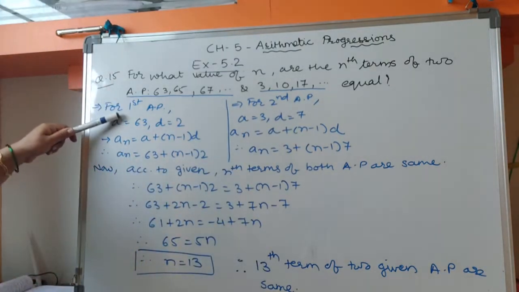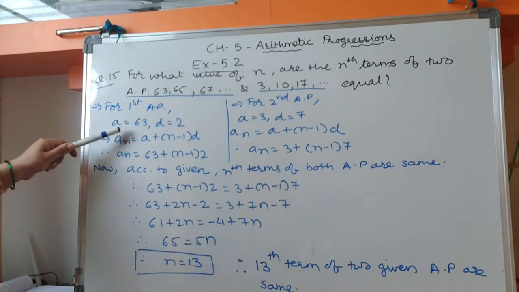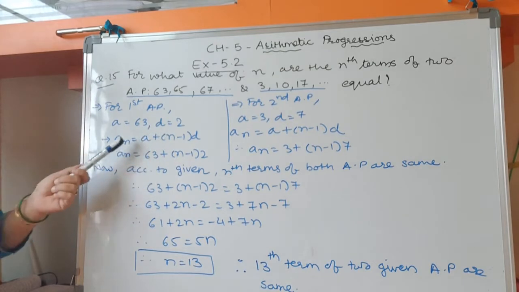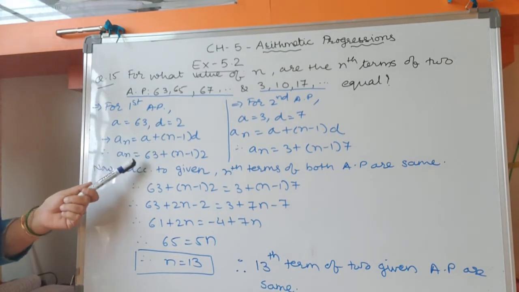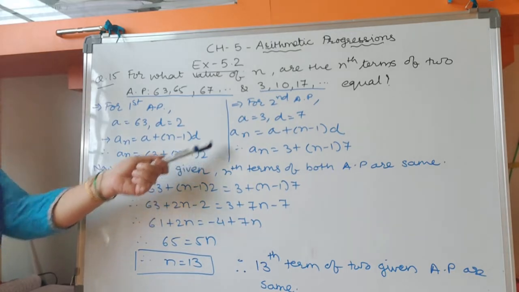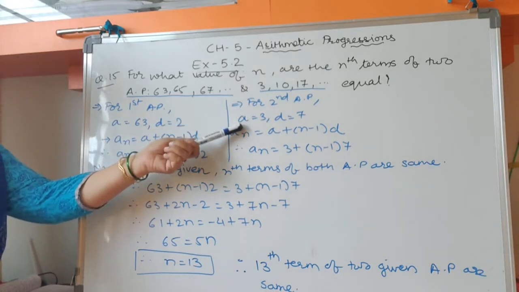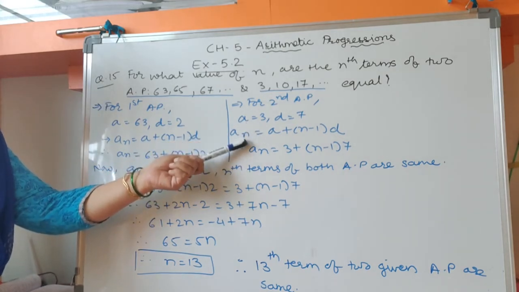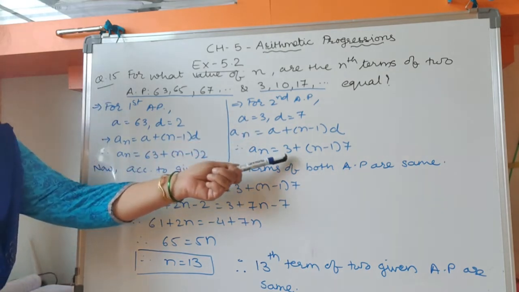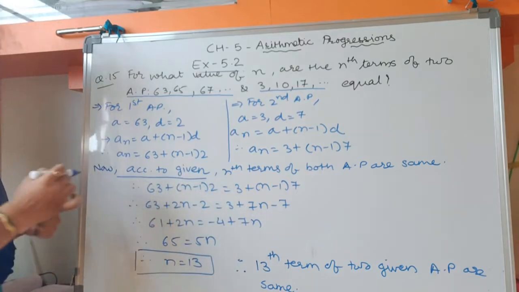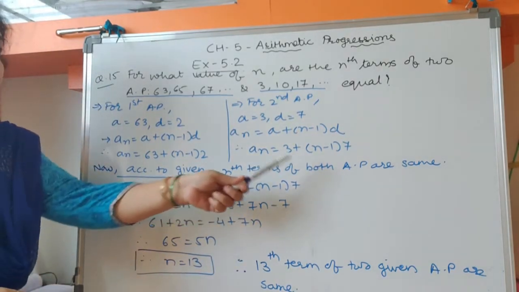Now here, for the first AP, a is equal to 63, d is equal to 2. Therefore, if we apply the formula, we get an equal to 63 plus (n minus 1) times 2. Similarly, for the second AP, a is equal to 3, d is equal to 7, and again if we apply the formula, an is equal to 3 plus (n minus 1) times 7. According to the given condition, the nth term of both APs is the same.